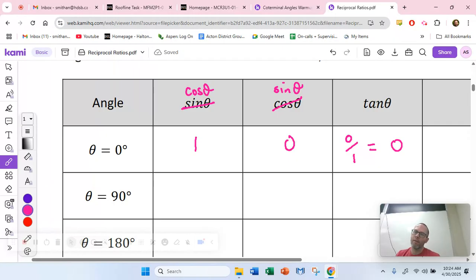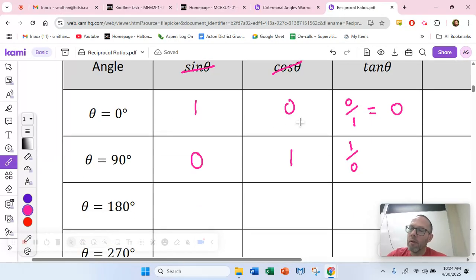I'll do one more with you guys here. The point on the unit circle corresponding to 90 is 0, 1. The cosine of 90 is 0. The sine of 90 is 1. Making the tangent 1 over 0. And what did we say 1 over 0 is? We don't say it's equal to error or stuff like that. We say it's undefined.